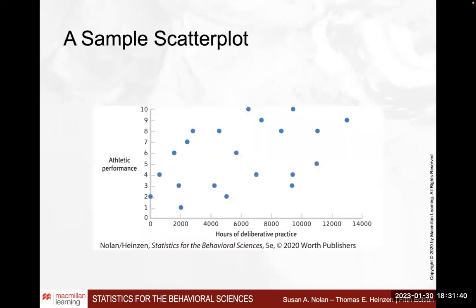So we have athletic performance as a function of exercise or deliberate practice. Let's assume there's a relationship. There is a relationship, but it's not the strongest relationship, but there is a relationship. And this relationship makes a lot of sense, right? If you want to get better in a sport, you need to practice that sport. The more you practice that sport, the better you get in that sport. Makes sense.